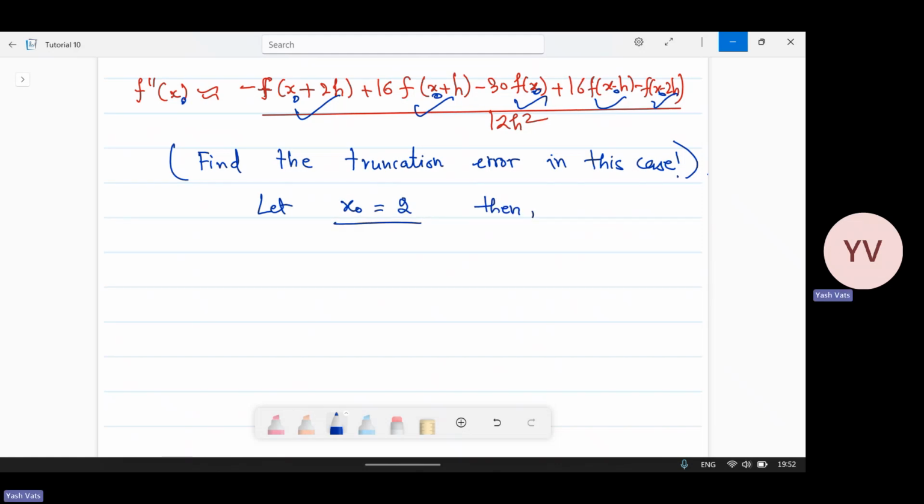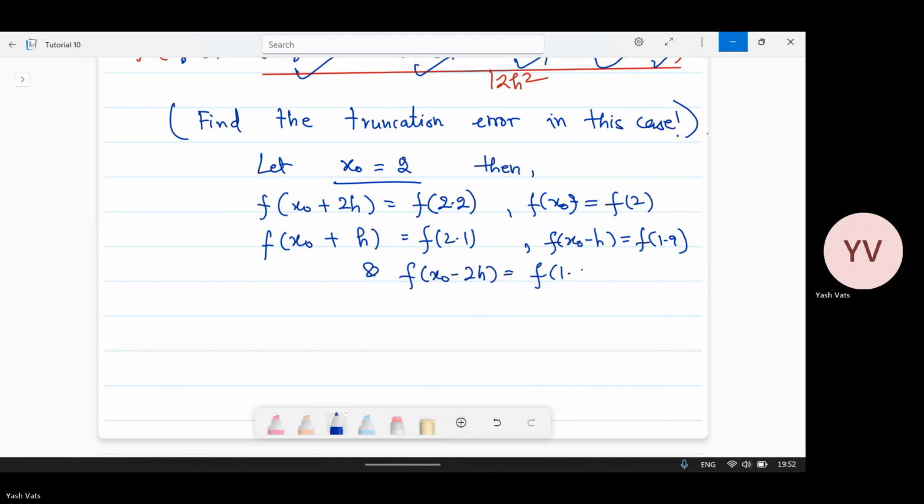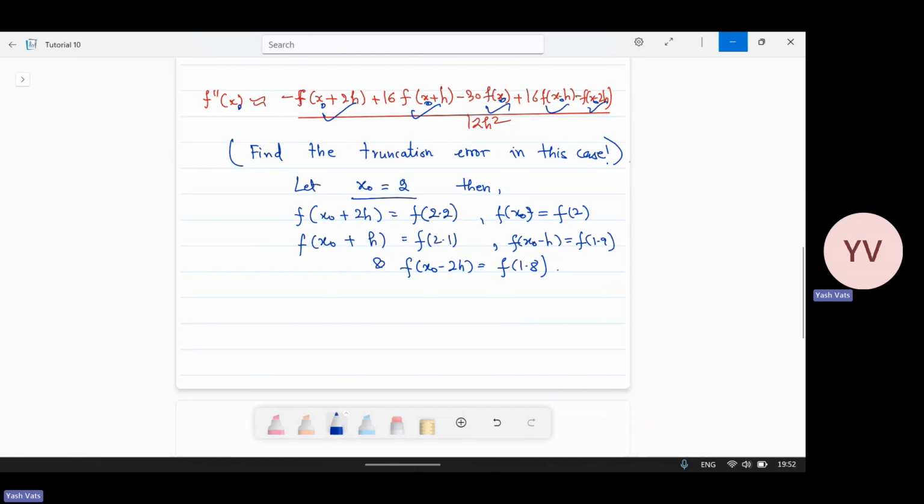Then you all know this. What is f of x naught plus 2h, which is f at 2.2, f of x naught plus h, which is f at 2.1, f of x naught is equal to f at 2, x naught minus h is f of 1.9, and these all values are given above in the table.